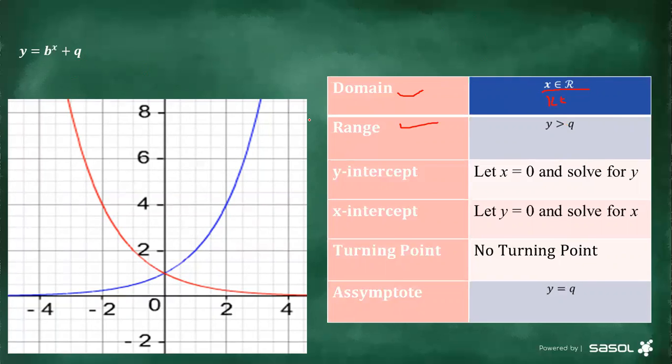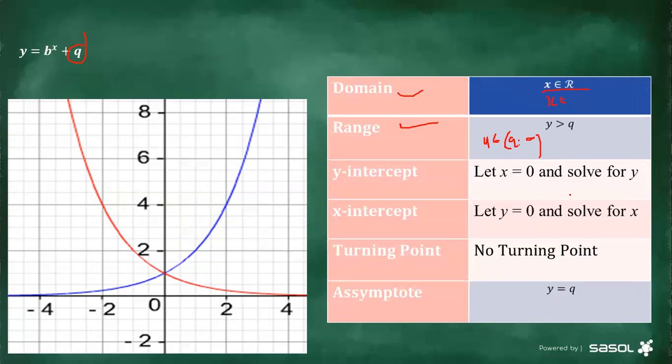To determine the range, it depends on the value of q. So you can also write the range as y is an element of q to positive infinity. That is the range of the exponential graph.